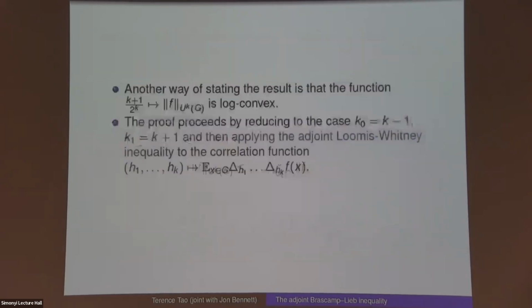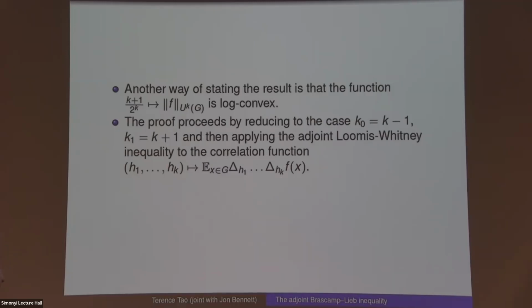The proof is a page of calculation. You just have to apply the Loomis-Whitney inequality to exactly the right function: you take what's called the k-point correlation function, the Gowers version of that.